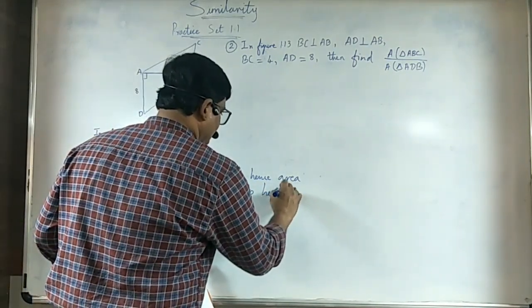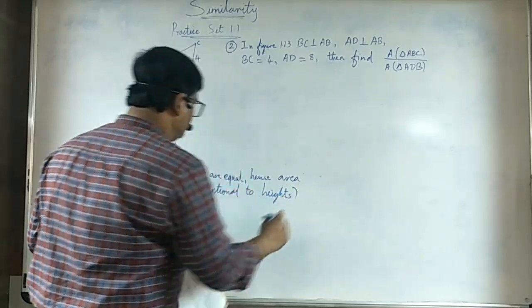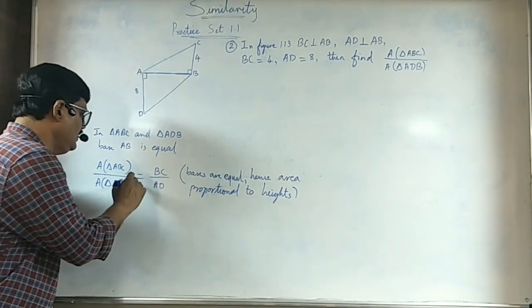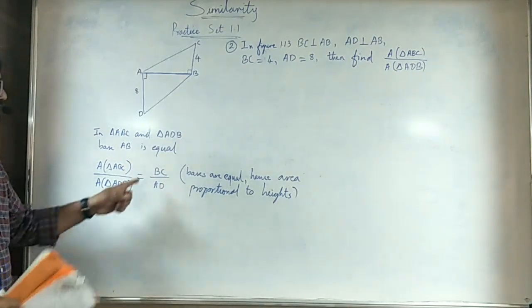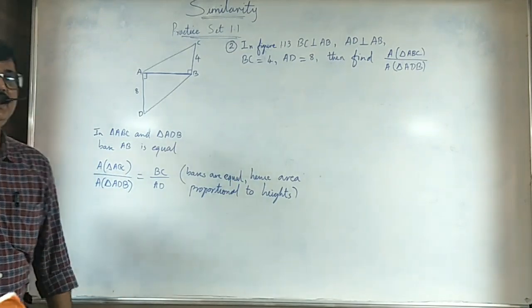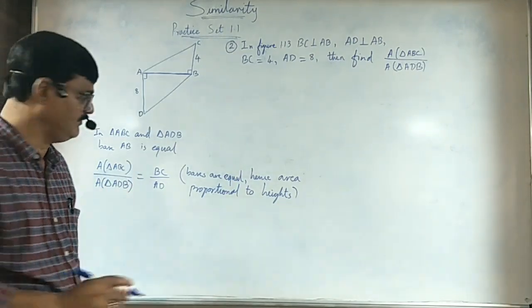You have to write the reason. Geometry, very important over there. Area of triangle ABC upon area of triangle ADB is equal to the corresponding height BC upon AD. The bases are equal, hence the areas are proportional to their heights. You have to write the reason, very, very important.